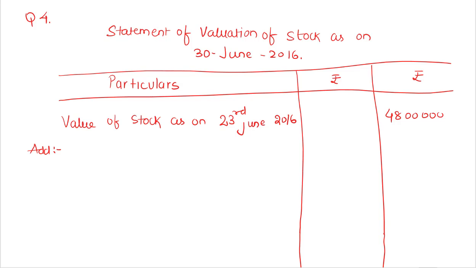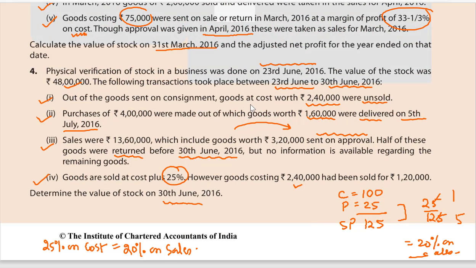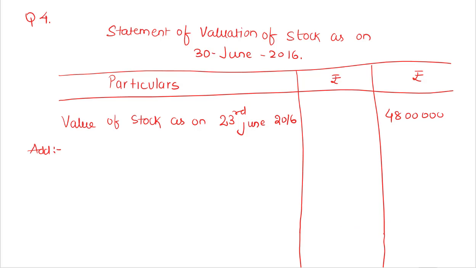Add. Read point number 1. Out of goods sent on consignment, goods worth 2,40,000 were unsold. These are the unsold goods.